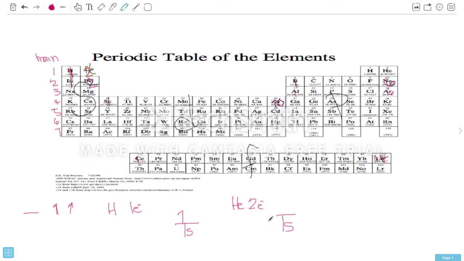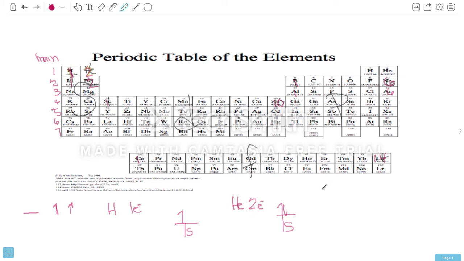Now helium has 2 electrons. So when drawing those 2 electrons, we know that since they're going in the same orbital, they have to have an opposite spin. So the first electron we have has a positive 1/2 spin. The second electron has a negative 1/2 spin. That is the orbital notation for helium.